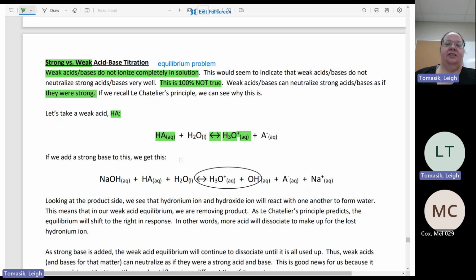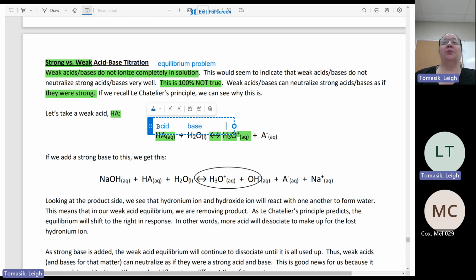So we'll take a weak acid and we'll put it into a solution with water. That weak acid will ionize and it will become H3O plus and A minus. The H joins the water and it becomes H3O plus. So we have an acid, and water will be acting as the base here.